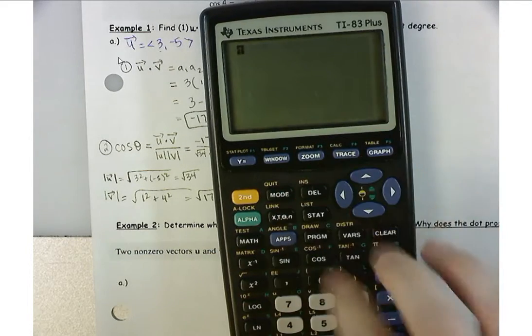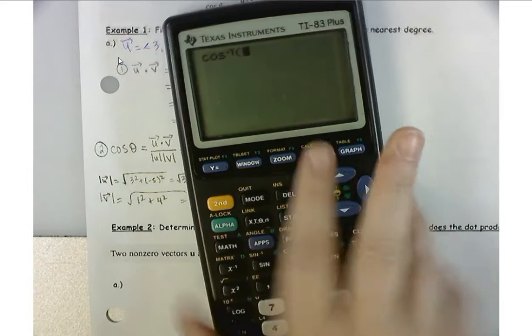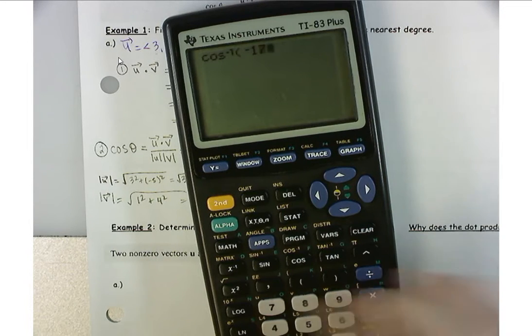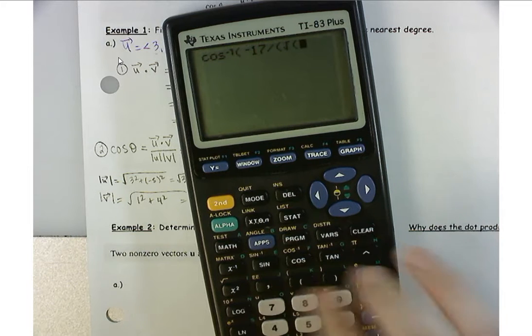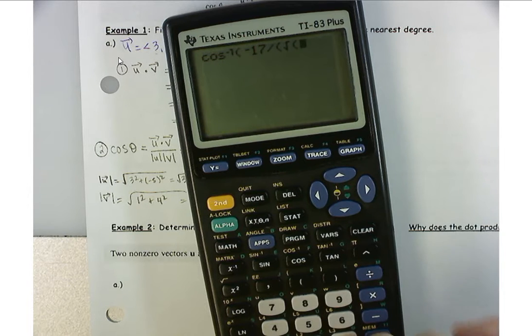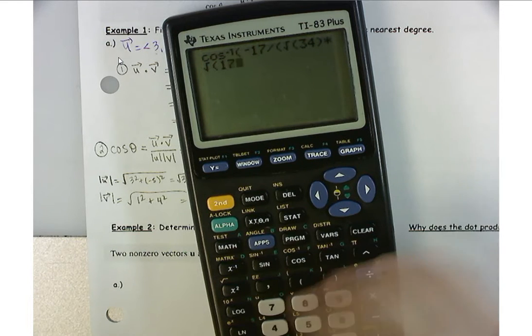So I'm going to do the cosine inverse. I'm going to show you how I'm entering it in here. This is negative 17 divided by, and then I'm going to put the bottom in parentheses. My calculator is older, so it's going to have more parentheses than some of yours, times the square root of 17.